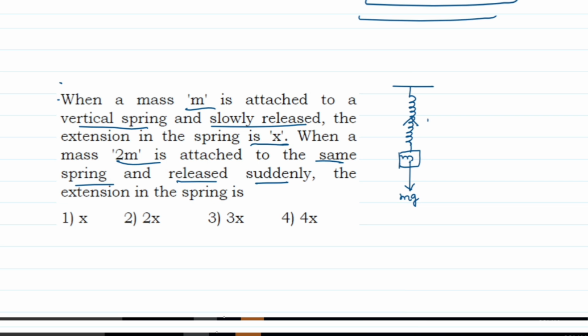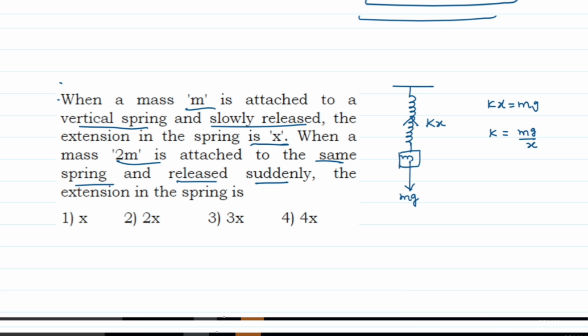Restoring force magnitude will be kx alone. At equilibrium condition, kx will be equal to mg, where k is the spring constant and x is the elongation or compression in the spring. With this we can calculate the spring constant, k equal to mg by x, means some elongation will be present.